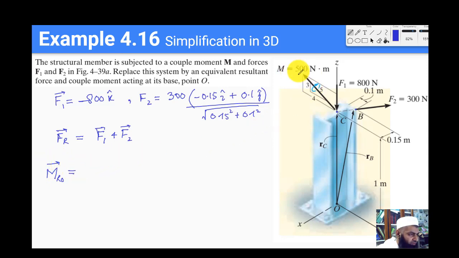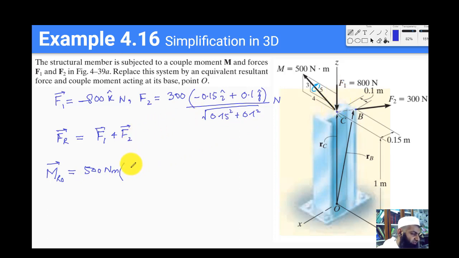So we already have a moment which is 500 Newton meter and which is acting along this line. So we get 500 Newton meter, and its direction is in the zy plane.